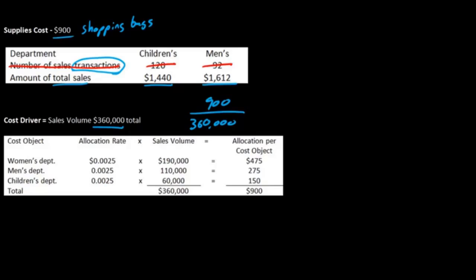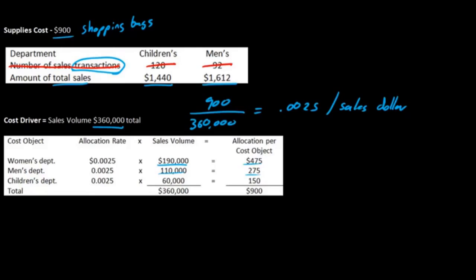So if you want to allocate supplies expense based on sales volume, we're going to take that $900, that's the supplies cost, divided by the total sales volume, which was $360,000. And you will get $0.0025 per sales dollar. So the women's department had $190,000 in sales, so times 0.0025, we are going to allocate $475 of the supplies expense to them.